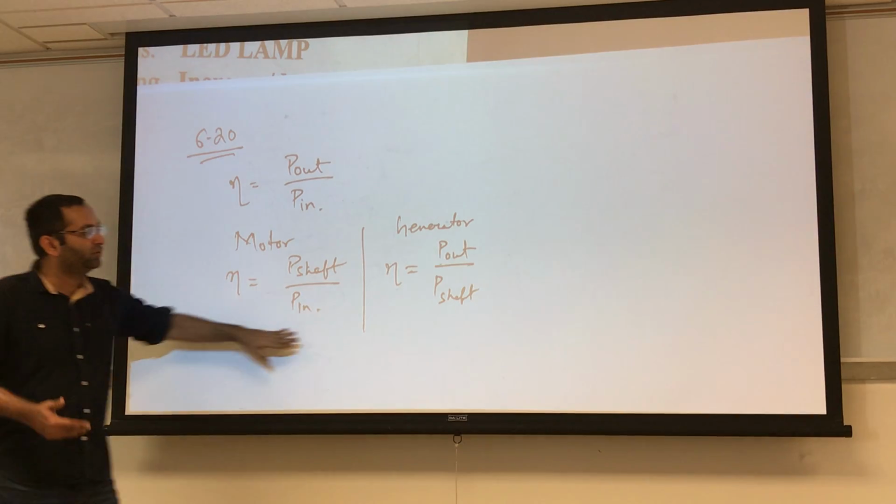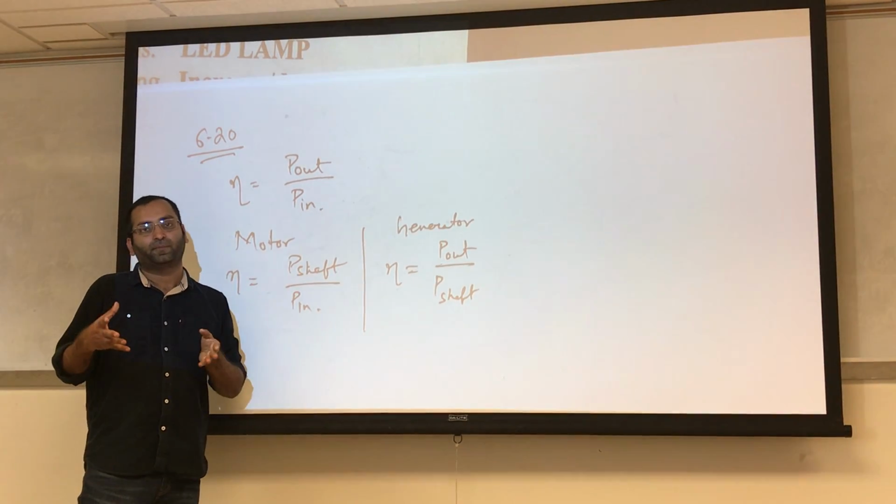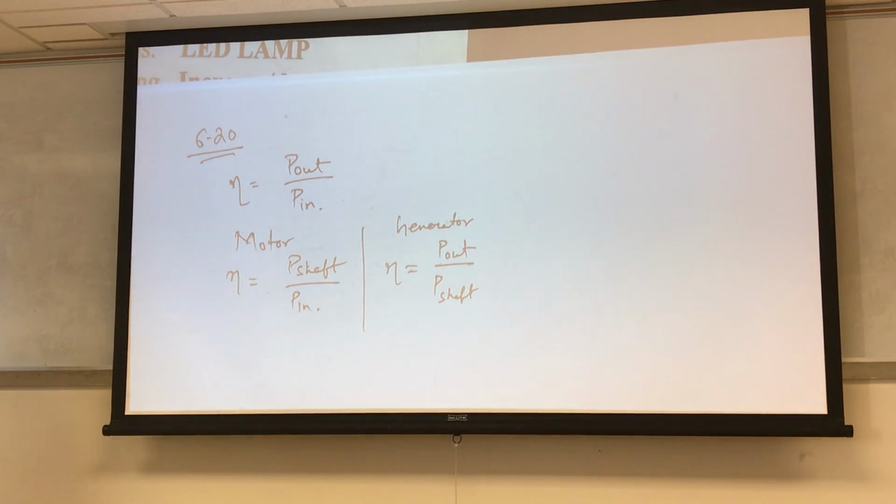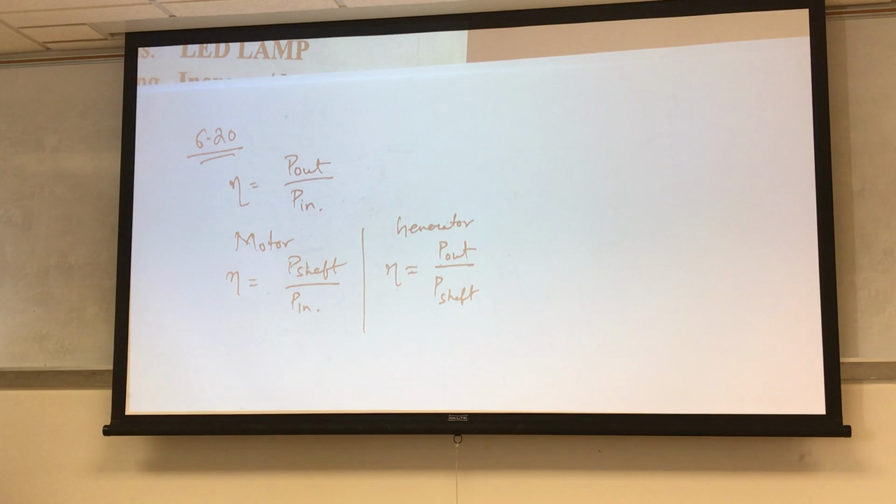So why do we not use the induction machine but we use power electronics converters? Just think about it. You may get a question on that in the finals. Why do we use power electronic converters for converting the frequency but not the induction machine? Induction machine can also convert the frequency from a higher frequency to lower frequency depending on the speed, because we know that on the rotor side the frequency is S times Fs, right?